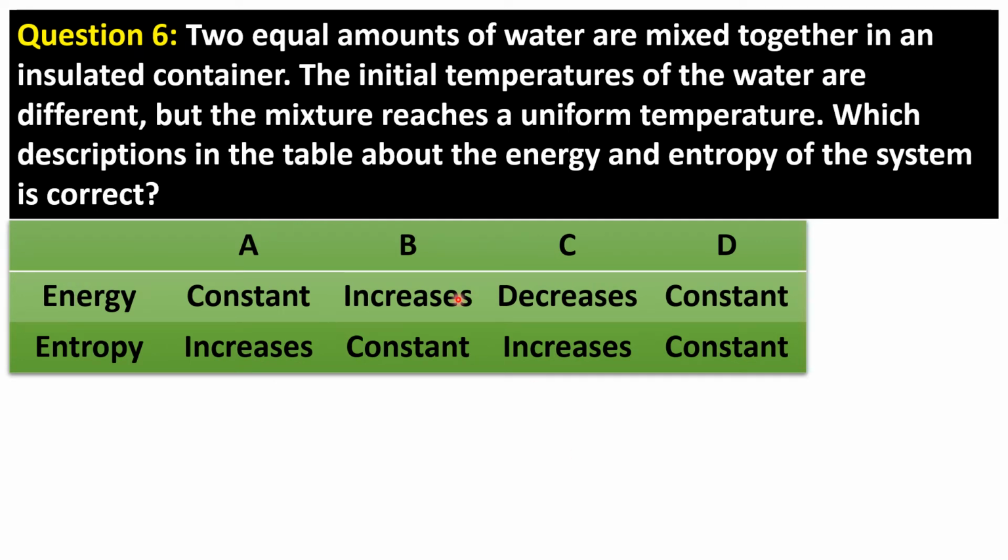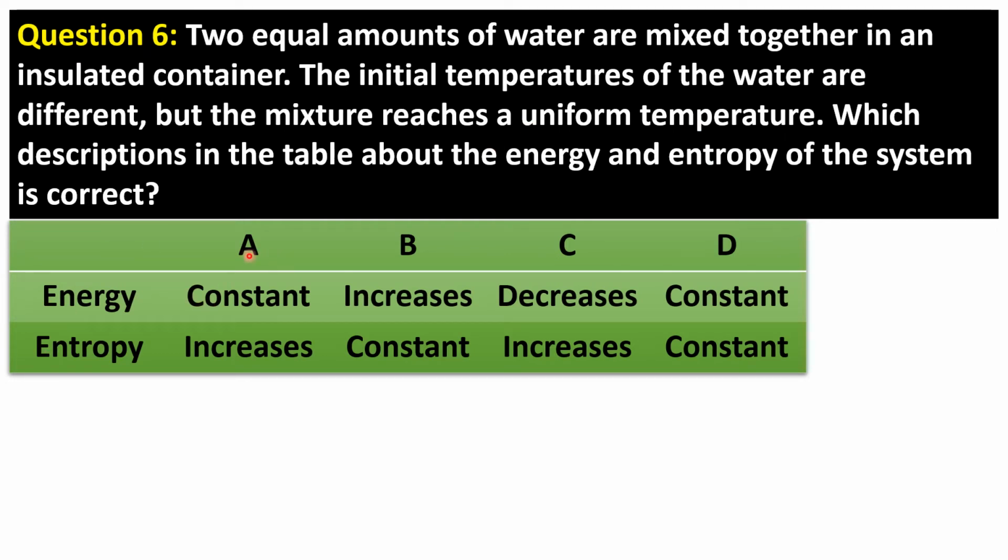Question number 6. Two equal amounts of water are mixed together in an insulated container. The initial temperatures of the water are different, but the mixture reaches a uniform temperature. Which descriptions in the table about the energy and the entropy of the system is correct?